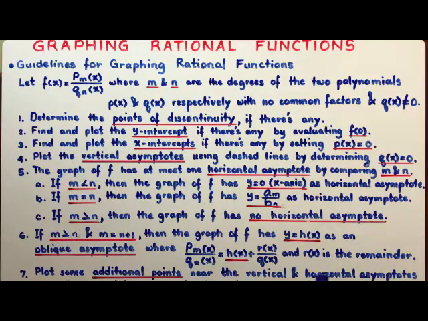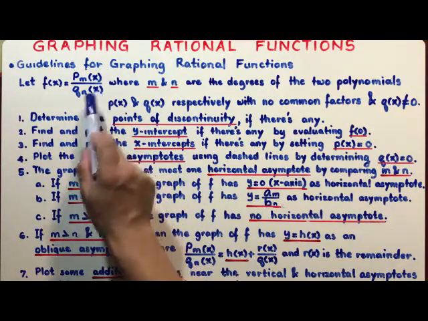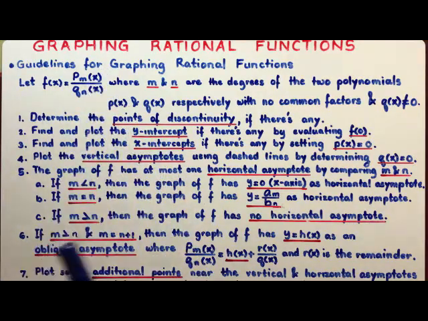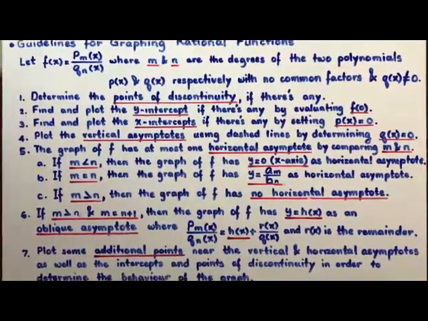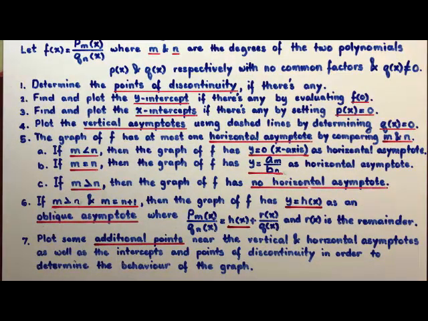But if the degree of the numerator is more than 1 degree higher, then there is no horizontal asymptote and also no oblique asymptote. And to determine the behavior of the graph of the rational function, you may plot some additional points near the points of interest. What are these points of interest?